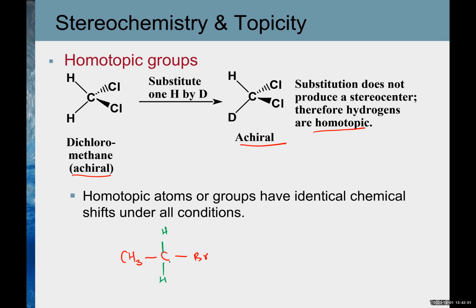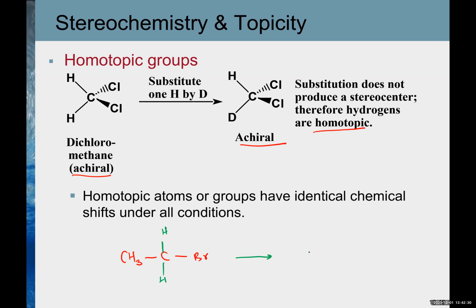What do you think? The way to determine is to replace one of them with its isotope, deuterium, and then see if that creates a new chiral center. Will that generate a new chiral center if we replace one of the green hydrogens with deuterium? Yes, it would.